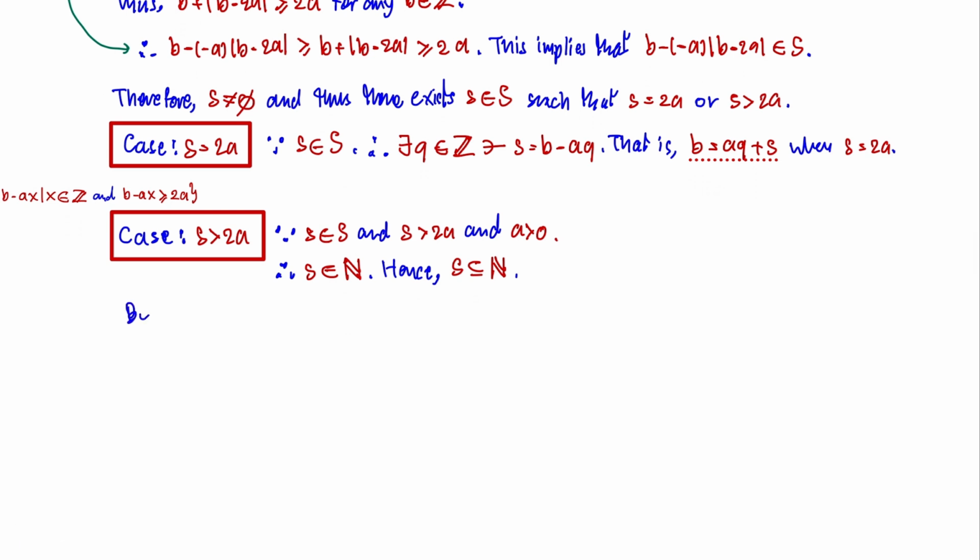By the well-ordering principle, there exists, let's say, r in set S such that r is less than or equal to y for all y in set S. What does this mean?